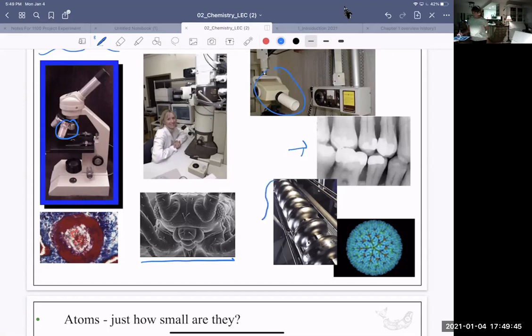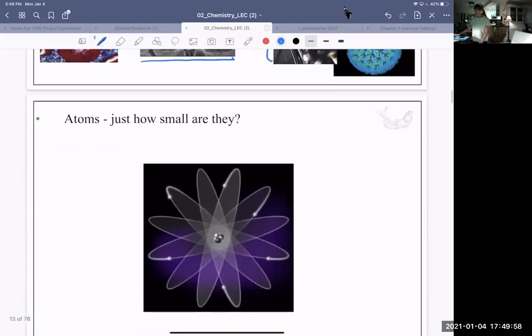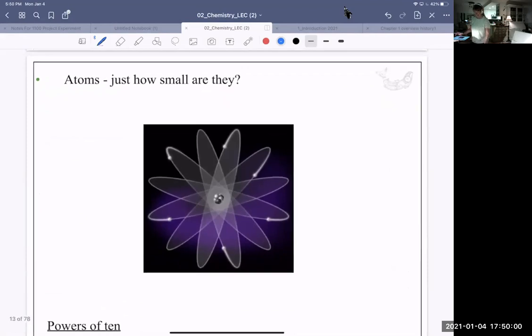But the large, more complicated X-rays are the ones that can show you the structure of such small things as proteins and even atoms. How small are atoms anyway? They're pretty teeny tiny.